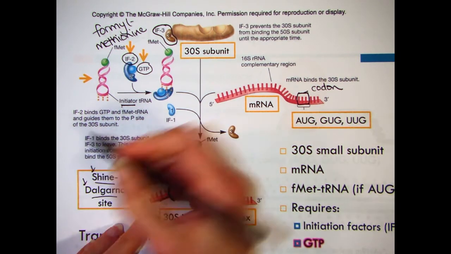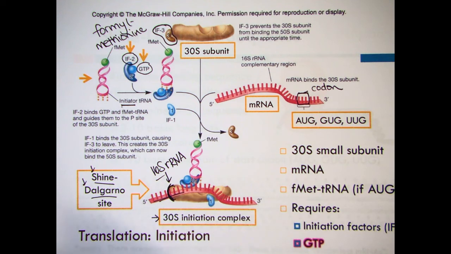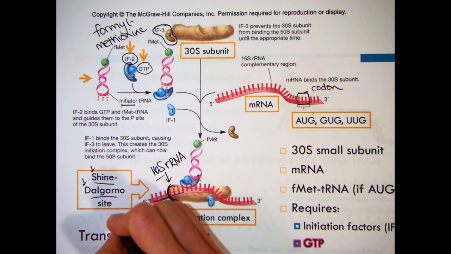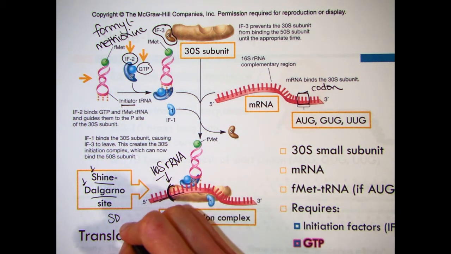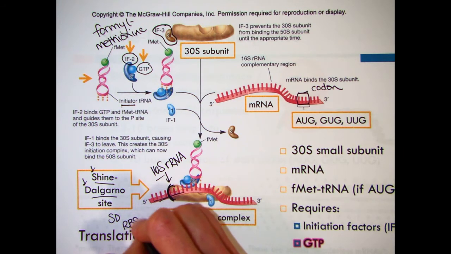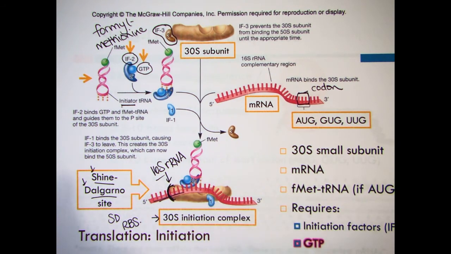These are capitalized because it was discovered by 2 Australians, and these are their names. You might see it sometimes as the SD site, and it is also called the RBS site because it is the section on the messenger RNA that is going to bind the ribosome.